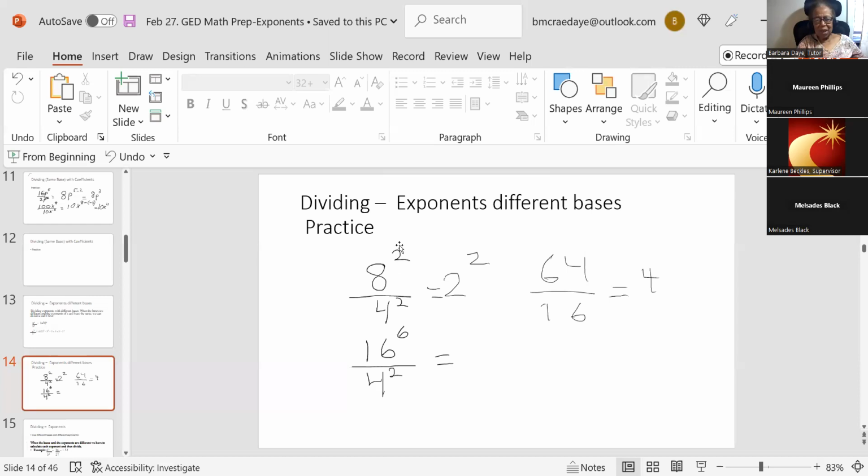8 to the second is 64. 4 to the second is 16. 64 over 16 is 4. And 4 is 2 to the second, isn't it? I'm just showing you relationships here, how you can really check things.